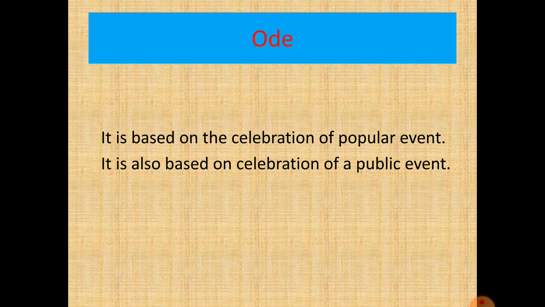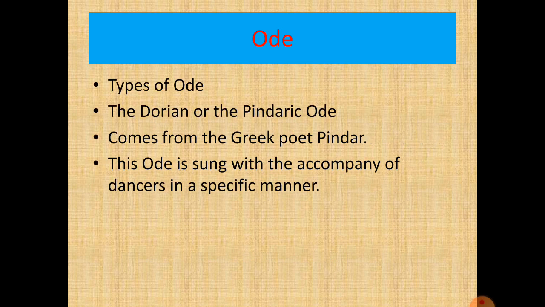Dear students, basically there are two types of ode. First we have the Dorian ode or the Pindaric ode. In the Dorian ode, we can find that this ode is sung with the accompaniment of dancers.